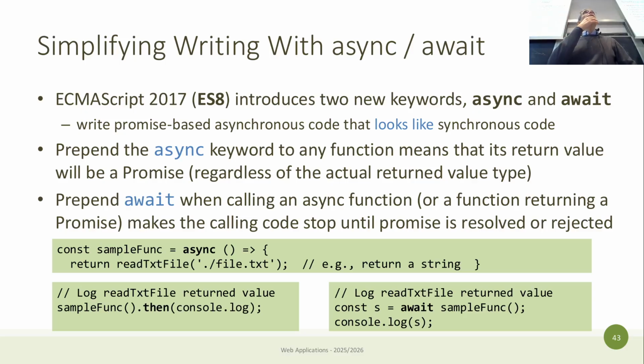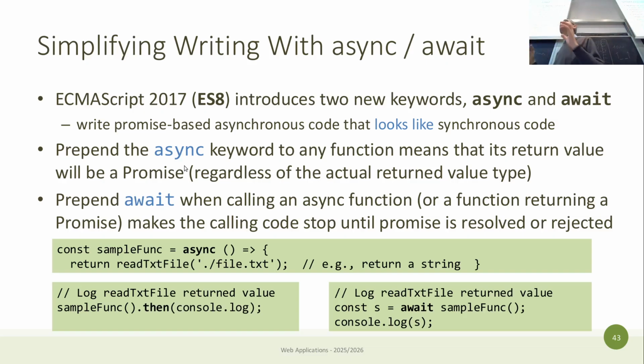But actually, we need asynchronous functions because remember, JavaScript is single-threaded. If we block the execution, so if a function stays on the call stack, nothing else can be executed. And the idea of having these keywords is that you just prepend, so put before a function, the keyword async, and it makes this function return a promise.